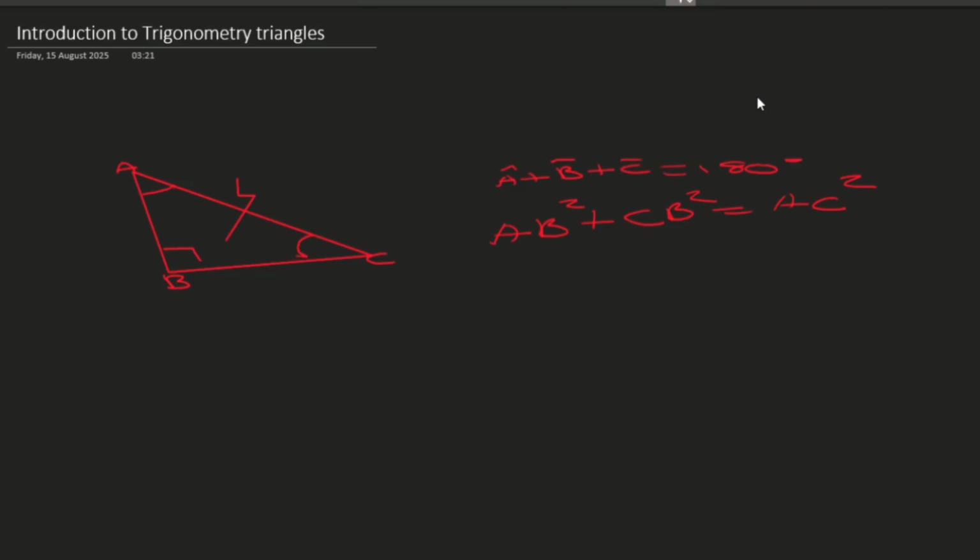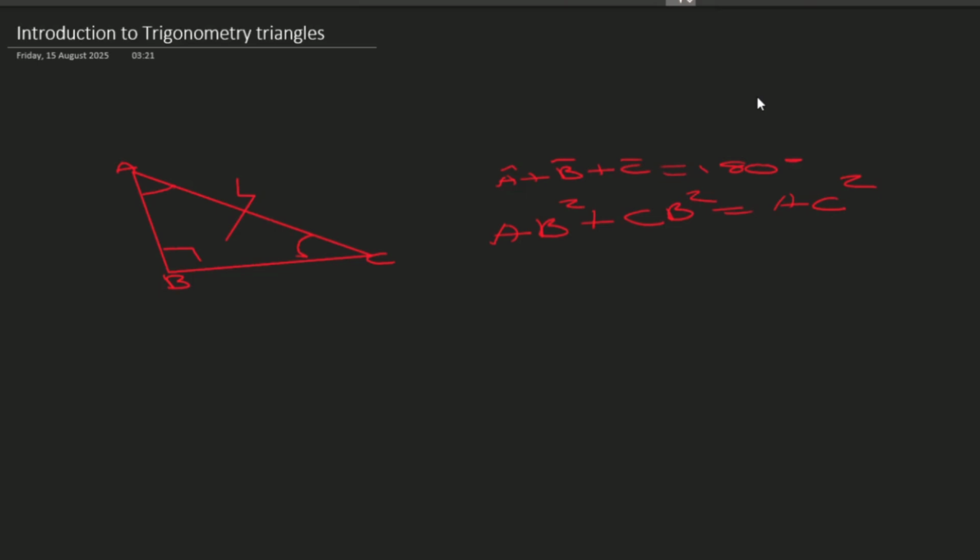Now, let us say we are given angle C as 30. This is just a quick example.